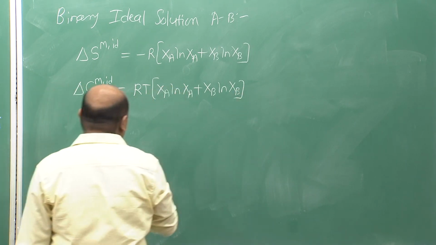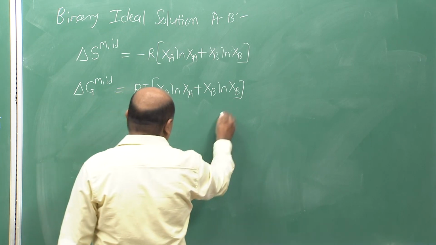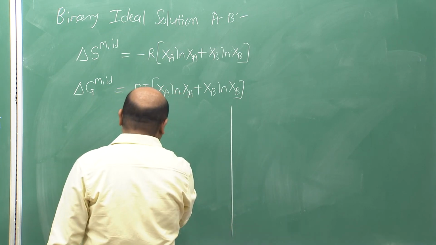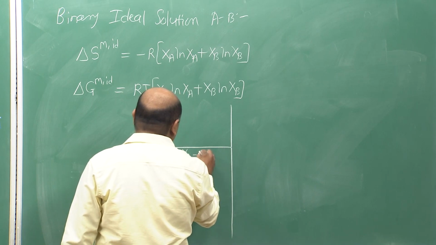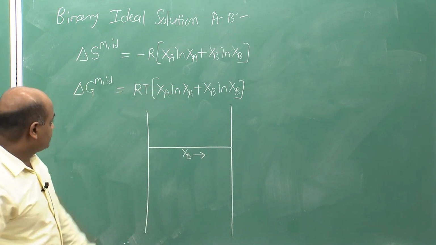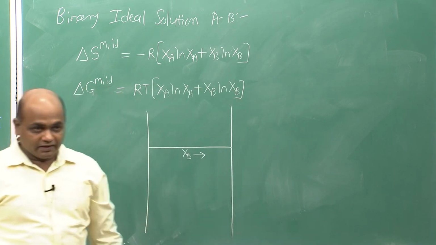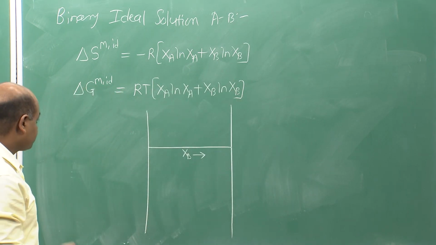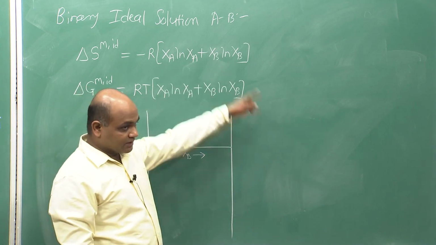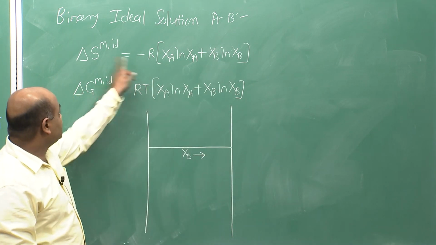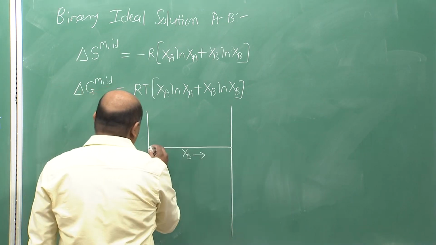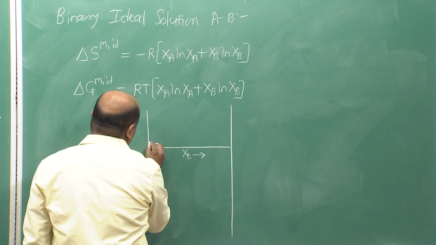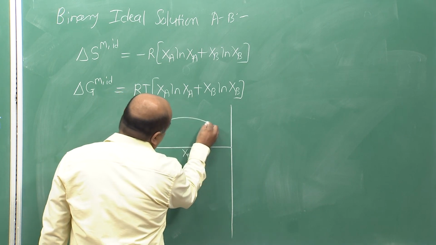So, let us plot both these quantities as a function of composition, say xB. So, xA and xB are fractions, right. So, these logarithmic terms are negative, which means delta Sm id has to be positive, and the way it varies with composition, you can plot it, will be like this.